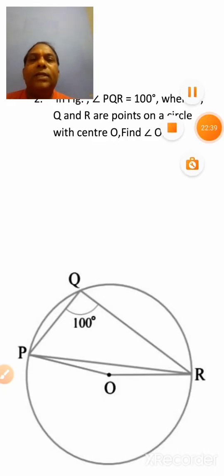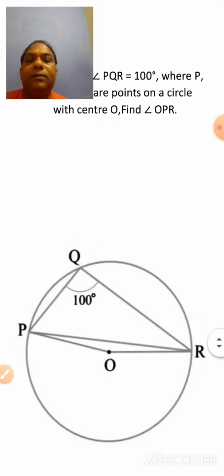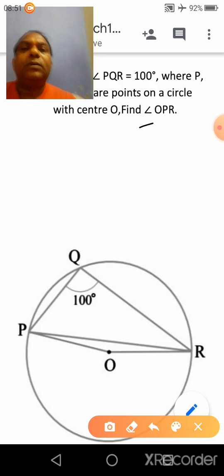So in this question we have to find angle OPR. OPR means this angle we have to find. Clear?